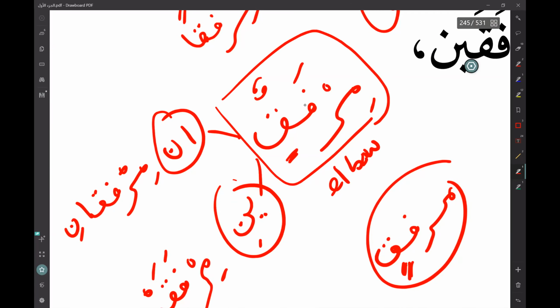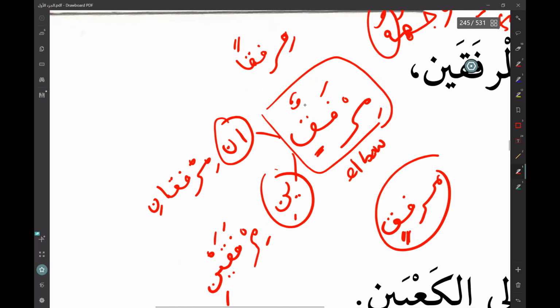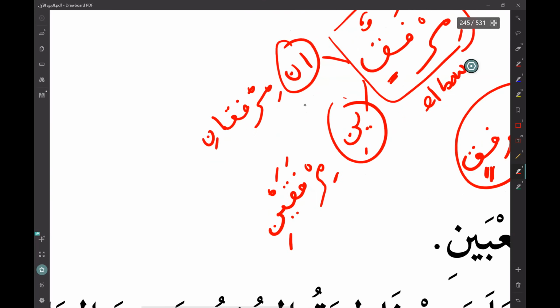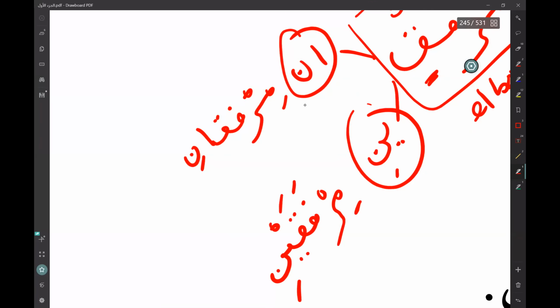We can add fatha, kasra, dhamma whenever we want. But as soon as we make it into dual, we have a little bit of an issue, because the dual always has this alif, mirfaqani. Even though you want to make it into a subject, as we know the subject takes a dhamma, this also always has a kasra on the nun. So this form is your default form, meaning the dhamma form.